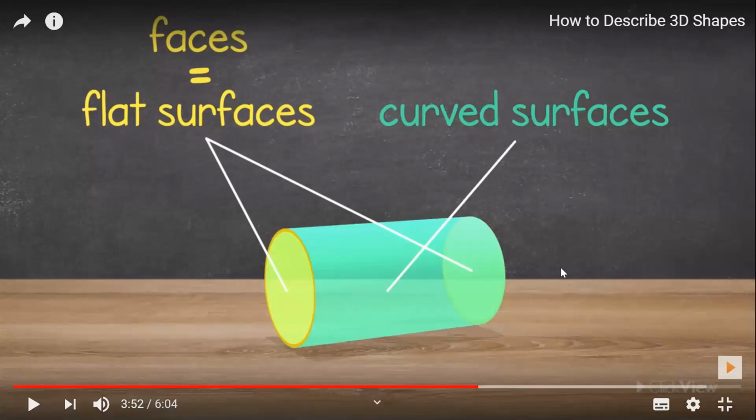But in this shape, we have curved or round surfaces. We don't call these curved surfaces a face because faces should be flat surfaces.